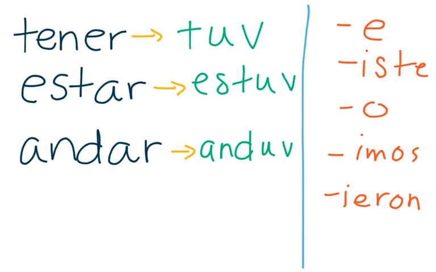On the left side with the green where I wrote, you have the new, irregular root for these verbs in el pretérito. And on the right side of the blue line, you have the endings for all three of these verbs, all the same. So you have tuve, tuviste, tuvo, tuvimos, tuvieron, estuve, estuviste, estuvo, estuvimos, estuvieron, anduve, anduviste, anduvo, anduvimos, anduvieron.